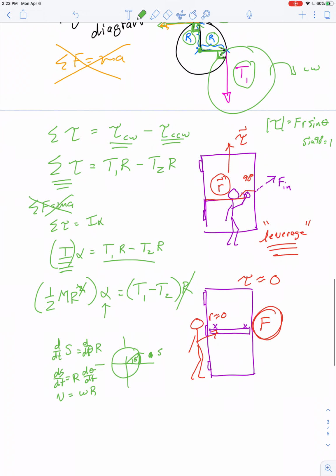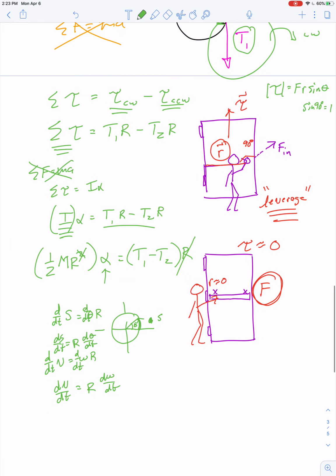If I take the derivative once again, d/dt of v equals d/dt of omega r, then I get dv/dt equals r times d omega/dt, and that means linear acceleration is r times angular acceleration. Or better yet, angular acceleration is linear acceleration divided by radius. Whew. So I'm going to make that substitution.